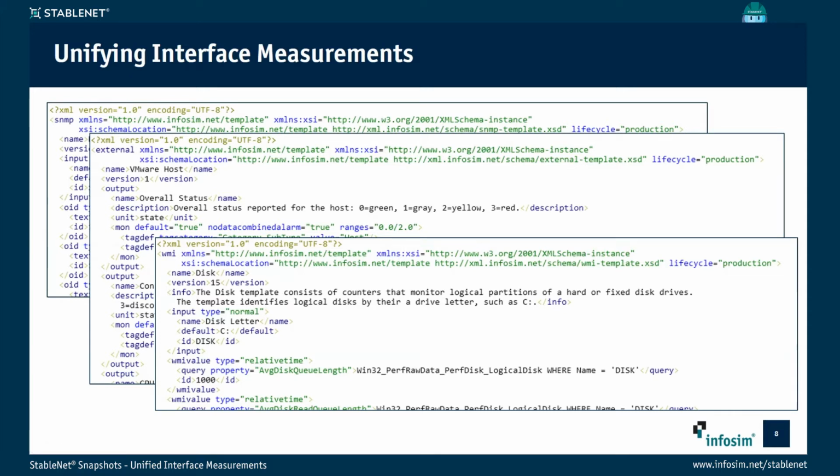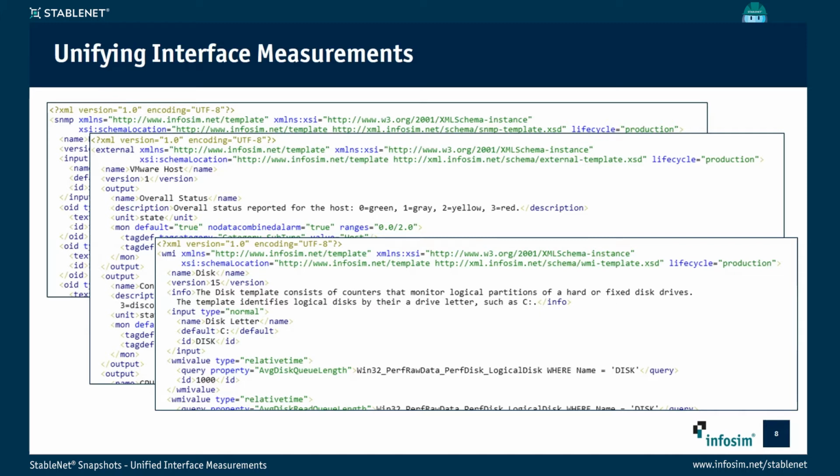But there were some limitations, and those limitations became more important with the current situation where we have more and more element managers we want to get data from and integrate in StableNet, or telemetry devices, or also some other devices.